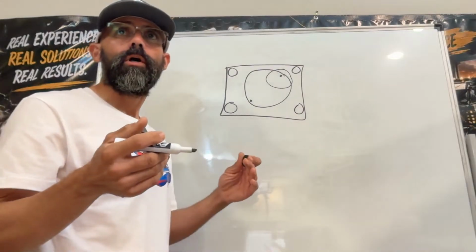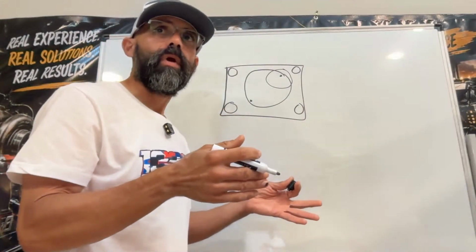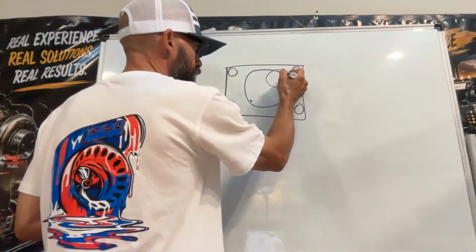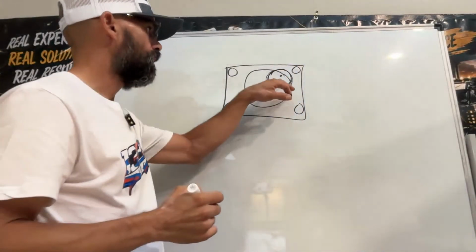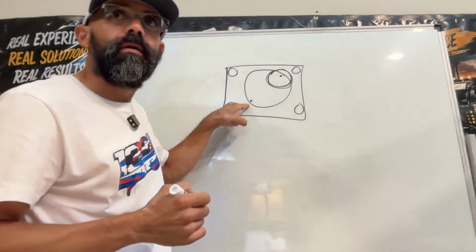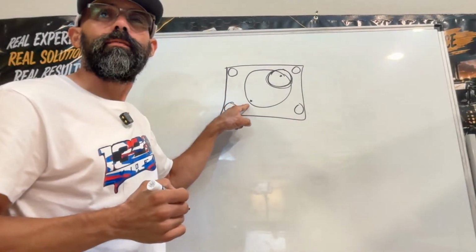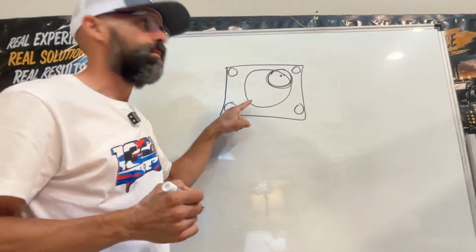So if you're working on a pump that rotates to the right and the pin is here, make sure you put it back where it belongs, because if you put it here, you're gonna have issues. You are gonna have issues.